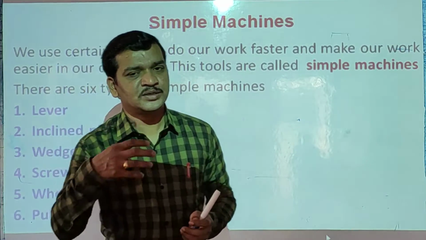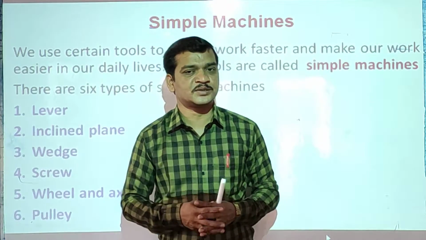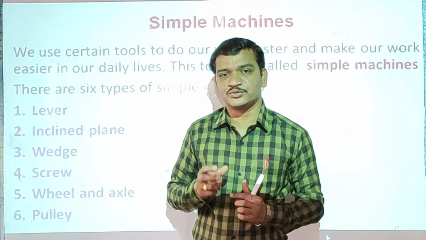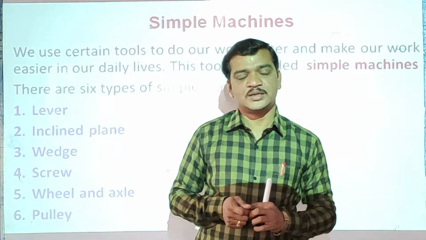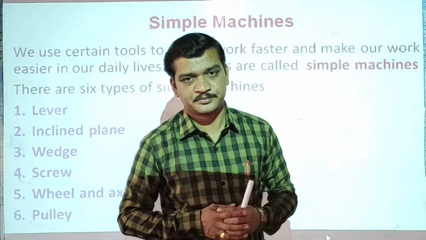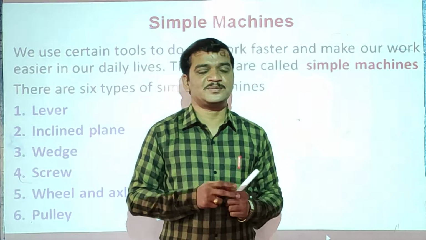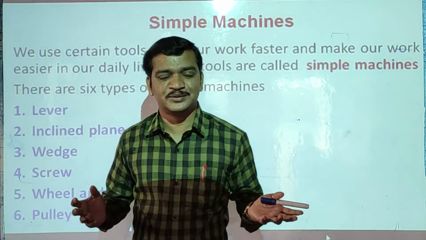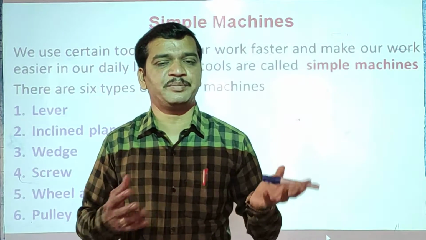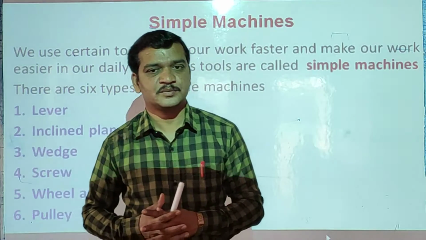Do you know, students, we use different kinds of tools in our day-to-day life. For example, a simple tool like a pair of scissors. We use a pair of scissors to cut paper. Can we cut the paper without scissors?